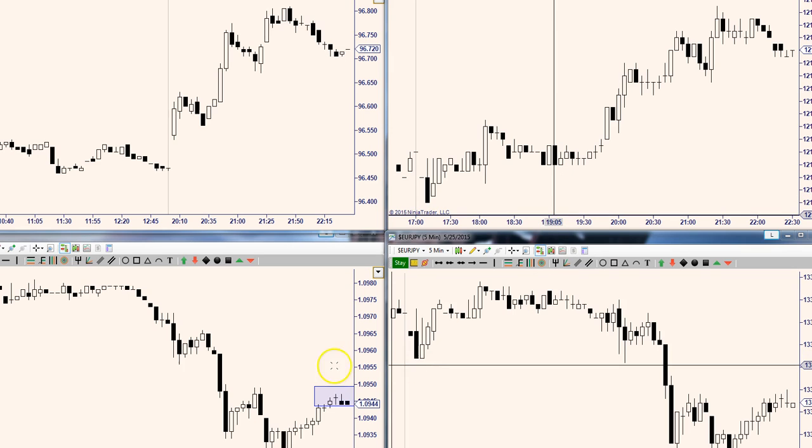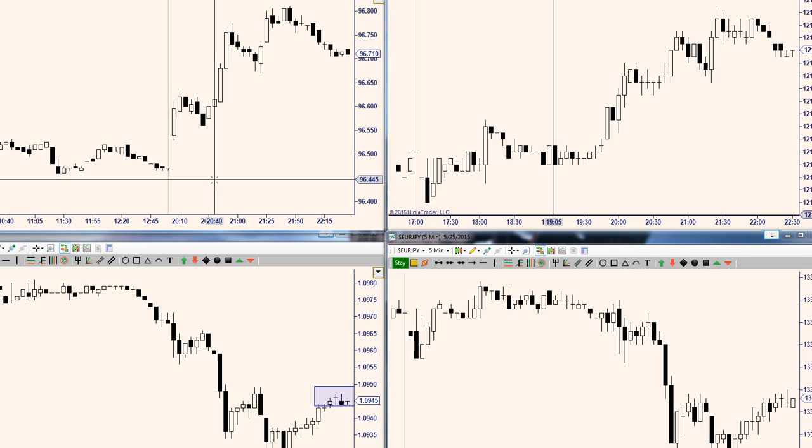Underneath it is euro yen, and over here, of course, is the euro dollar. So what I'm looking for is whether or not the dollar is being bought up, or whether the dollar is being sold off, or if I can figure out whether it's the euro being bought up or sold off. So I take a quick look here to get an overall view of the entire market.